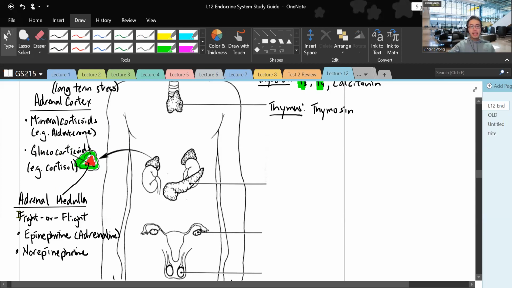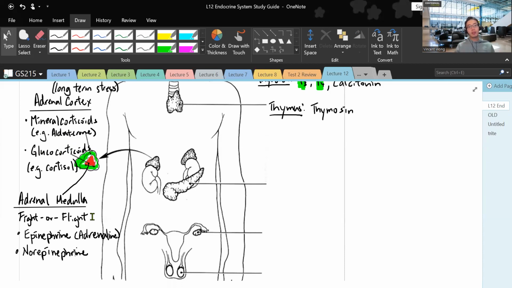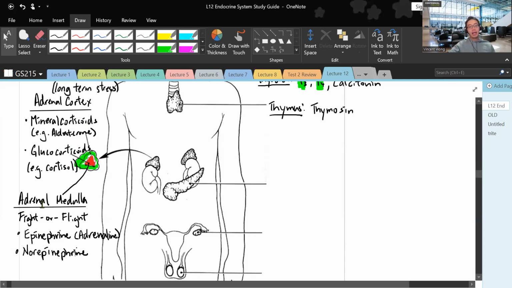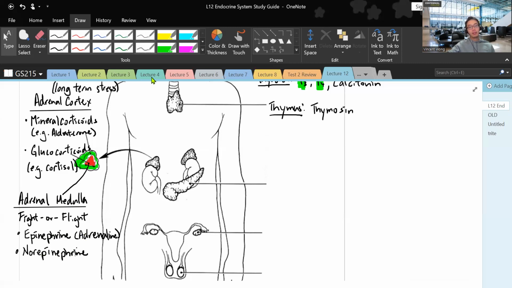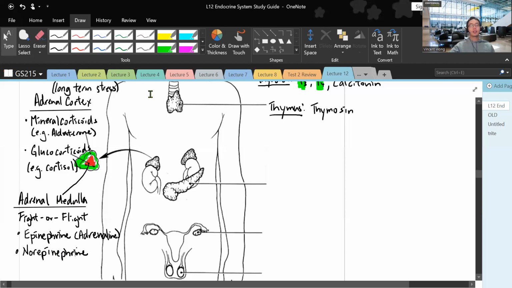Whereas if it's an immediate threat, fight or flight, or excitement, the pounding heart feeling that you get when you're in a dangerous situation or just a scary situation, that is released from the adrenal medulla. And it is the epinephrine and the norepinephrine that's responsible for those feelings.